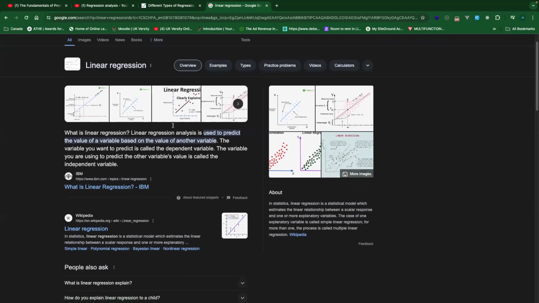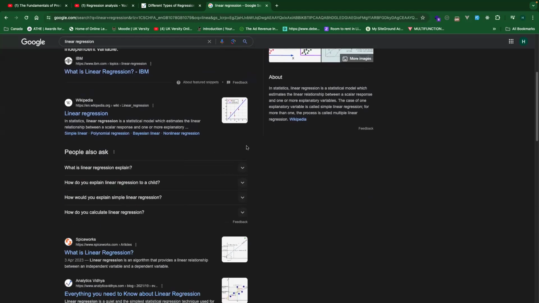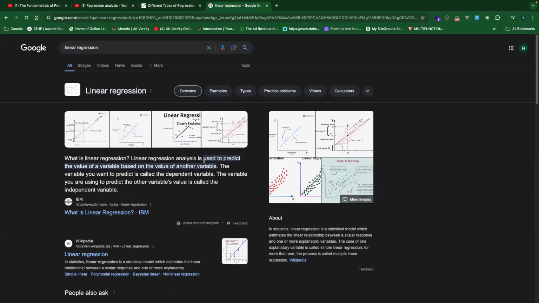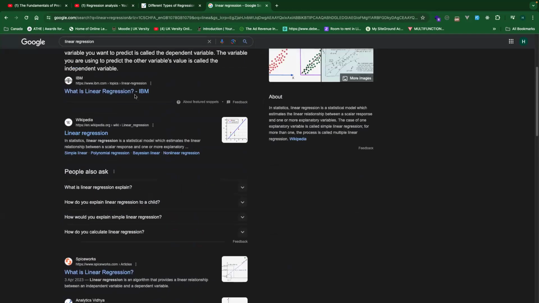There are loads of examples and more explanation on what linear regression is, so just pop into Google and do some research on it. Give me a sec.